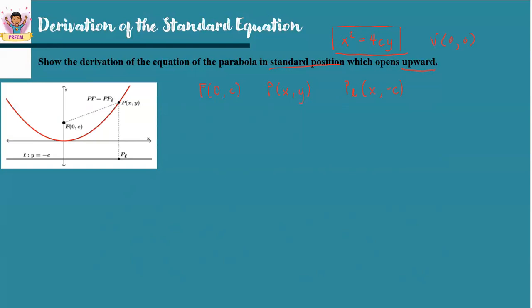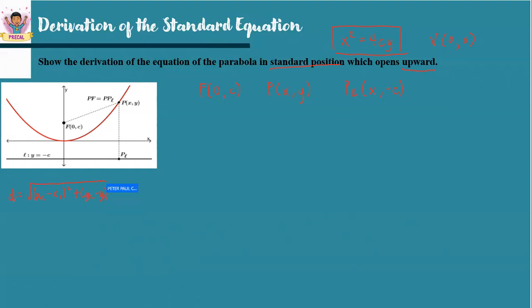Using these three points, we use the distance formula. Recall the distance formula: the square root of the quantity x sub 2 minus x sub 1 squared plus the quantity y sub 2 minus y sub 1 squared.